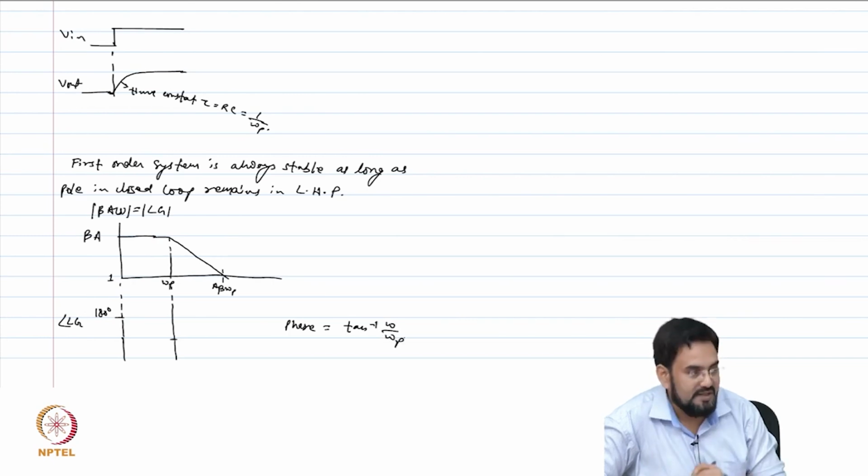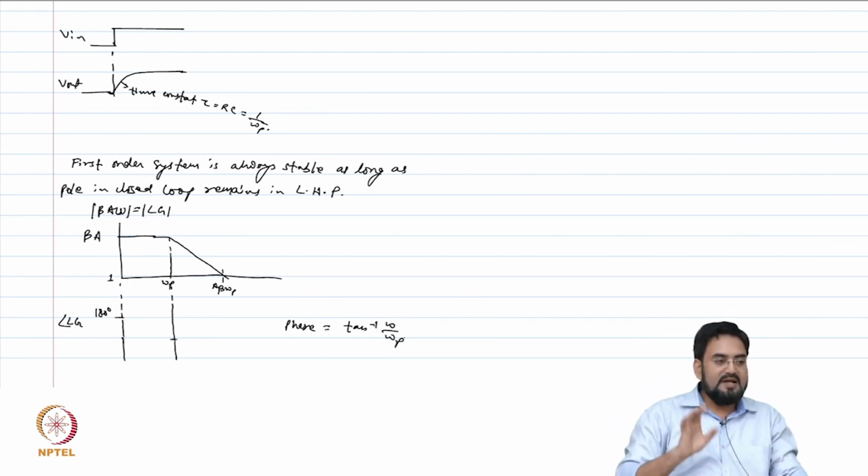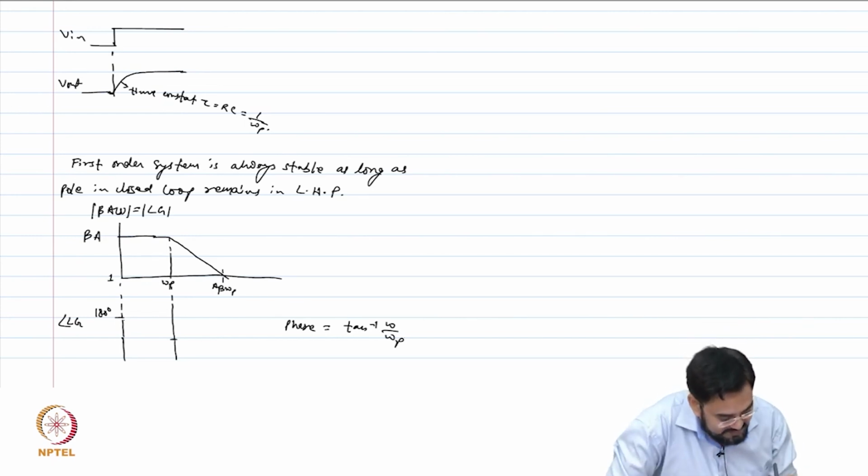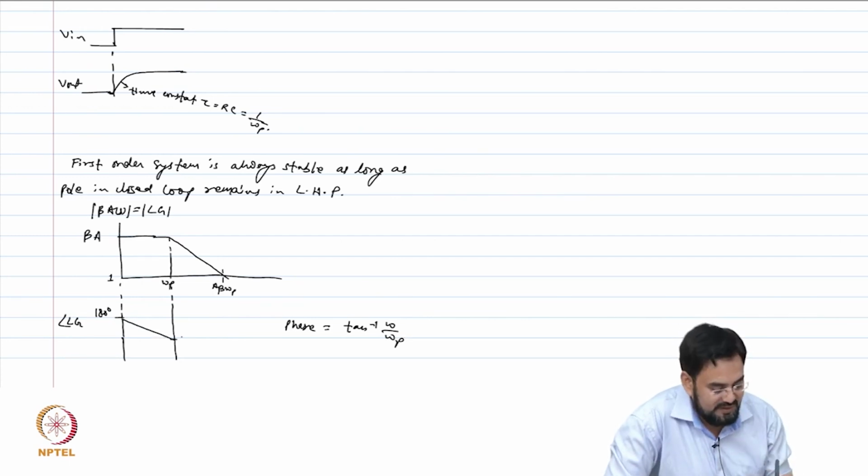If you keep omega equal to omega p, tan inverse 1 is 45 degrees. So at the pole frequency you will drop by 45 degrees. 180 minus 45 is 135.